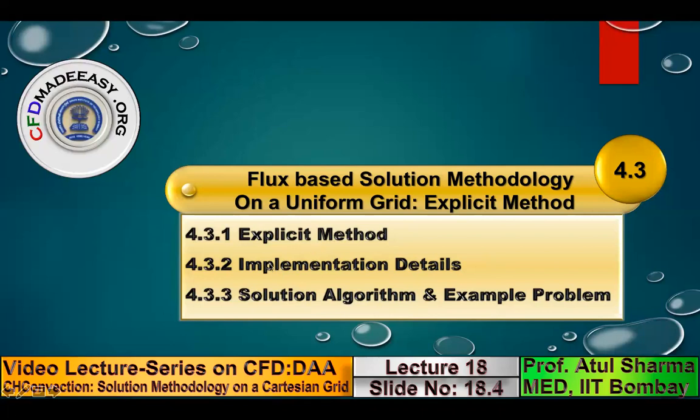The implementation details present the nuts and bolts for the development of the product. The product that we are considering here is the CFD code or software development, whereas in implementation details, the loops that are involved and the data structures that are needed to develop the computer program for CFD are presented.